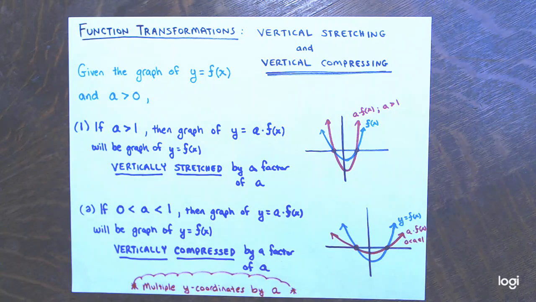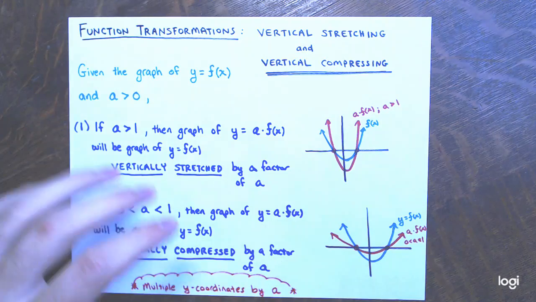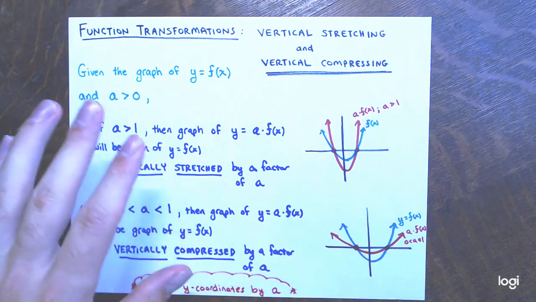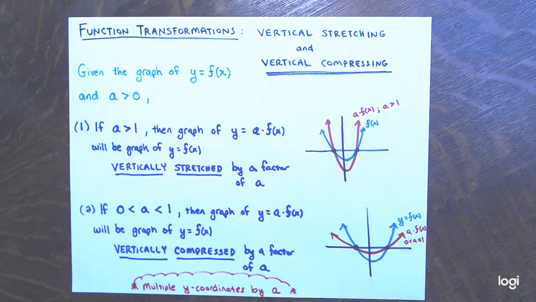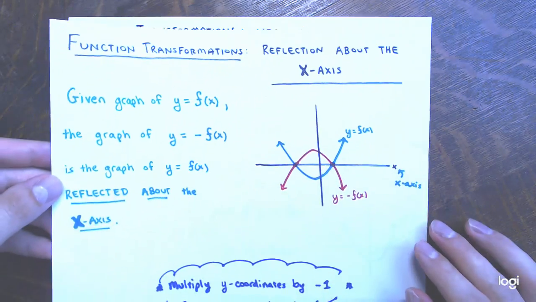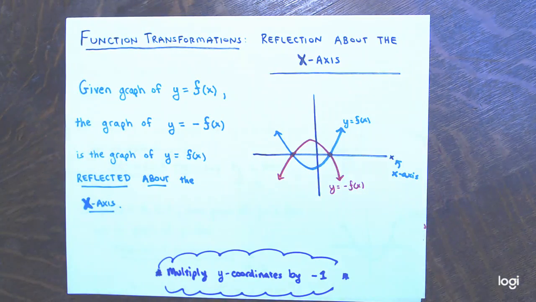Then the other transformation we're going to have to know about before I get into my examples is, well, what if I multiply by a negative number? This was a positive number page. I multiplied the function f by a positive number a. Really you just need to talk about what happens when you multiply by -1.